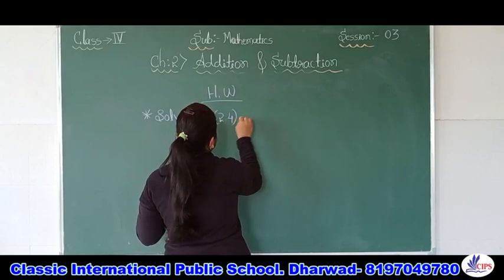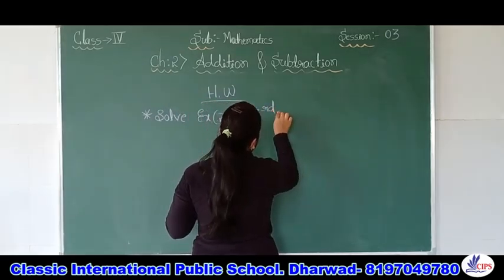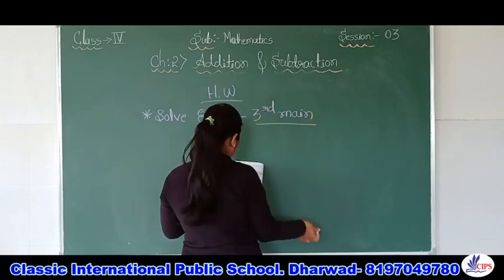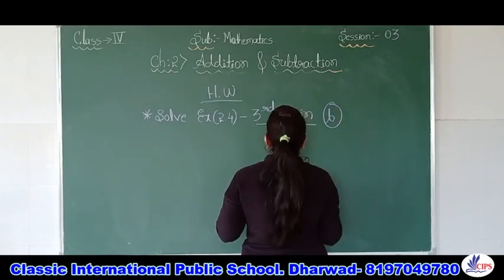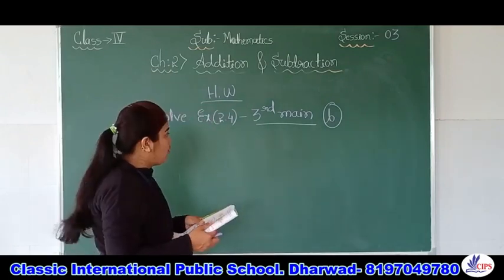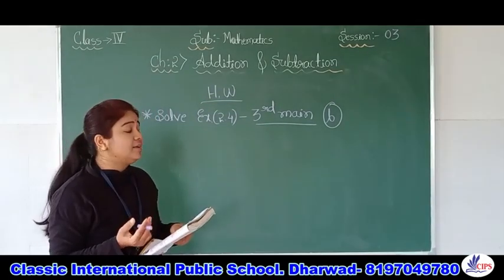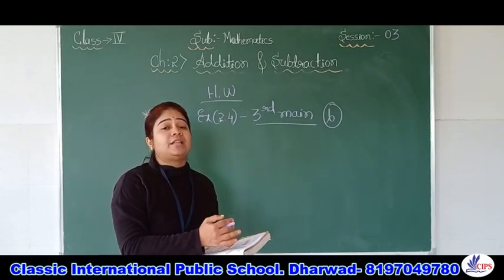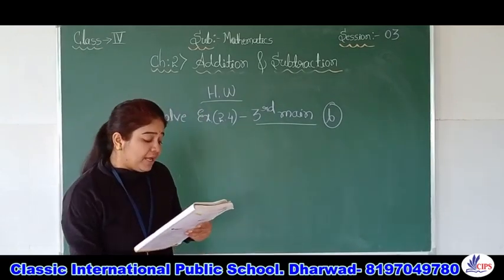In that, third one, solve the following word problems, is there in the exercise 2.4. In that, the second one, try to do that, which is related to rounding the numbers to the nearest 10,000. The question is like this.